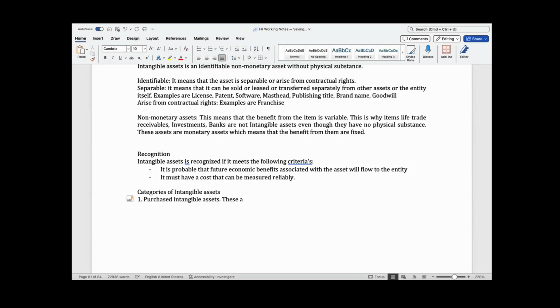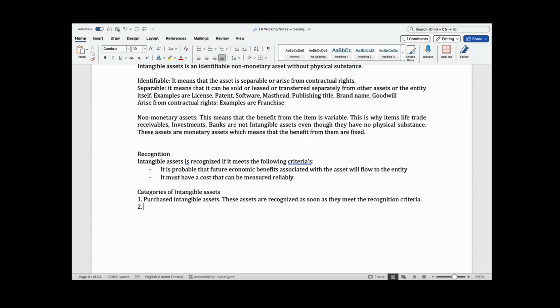These assets are recognized as soon as they meet the recognition criteria as we mentioned above. So you recognize them in the books immediately. As much as you are paying for it, then fine, you can go ahead and put it in your books.